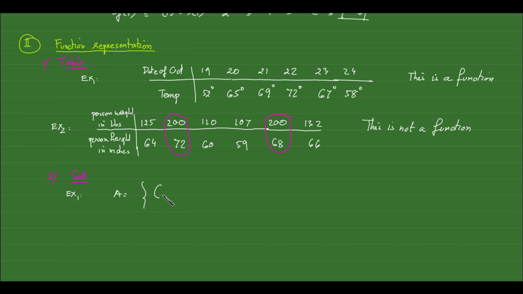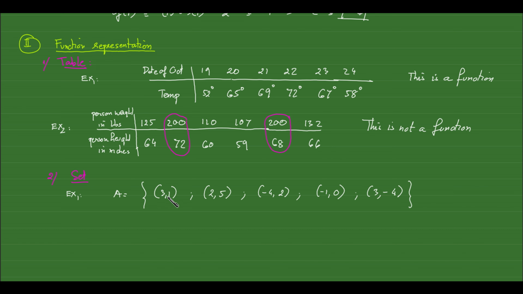So I have a few points like this: (3, 1), (2, 5), (4, 2), (1, 0), (3, -4). So I have 5 points like this. Now let's check.